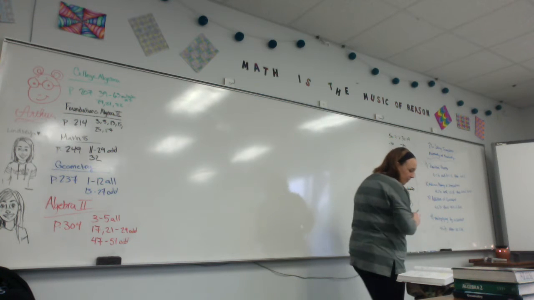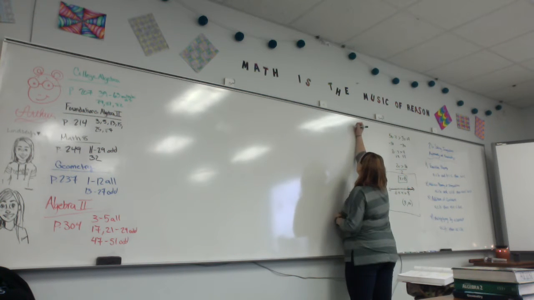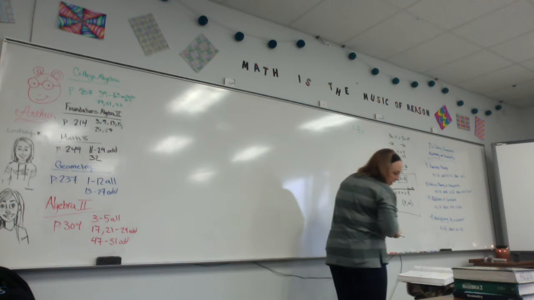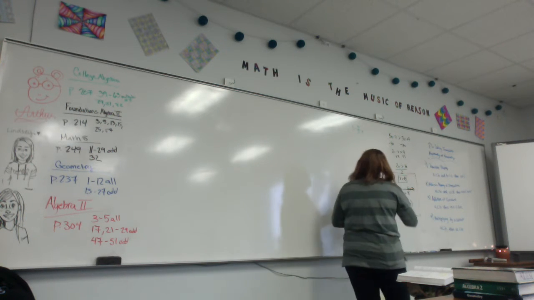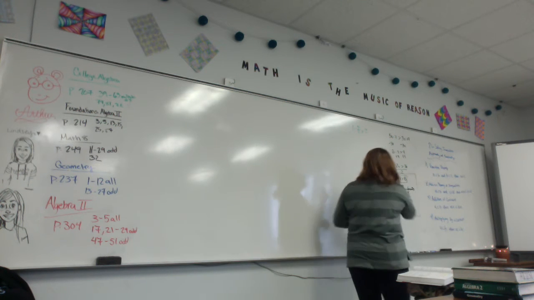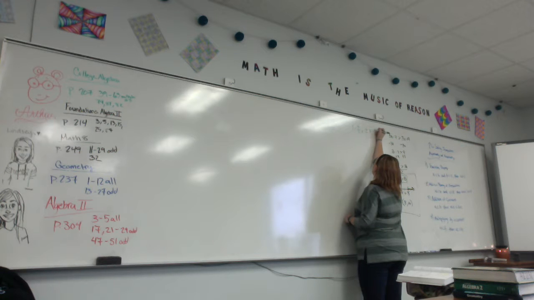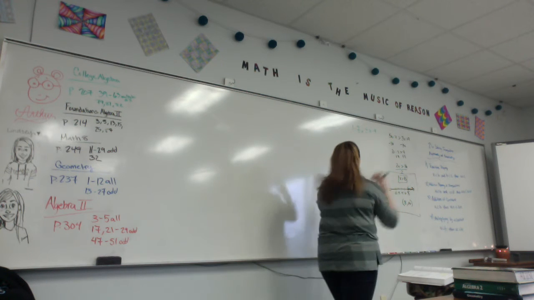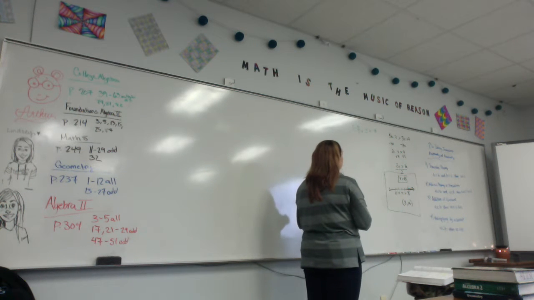Okay, let's solve this one. 1 minus 3 seconds x is greater than or equal to x minus 4. What do I do? You could add x or 4 to this side.